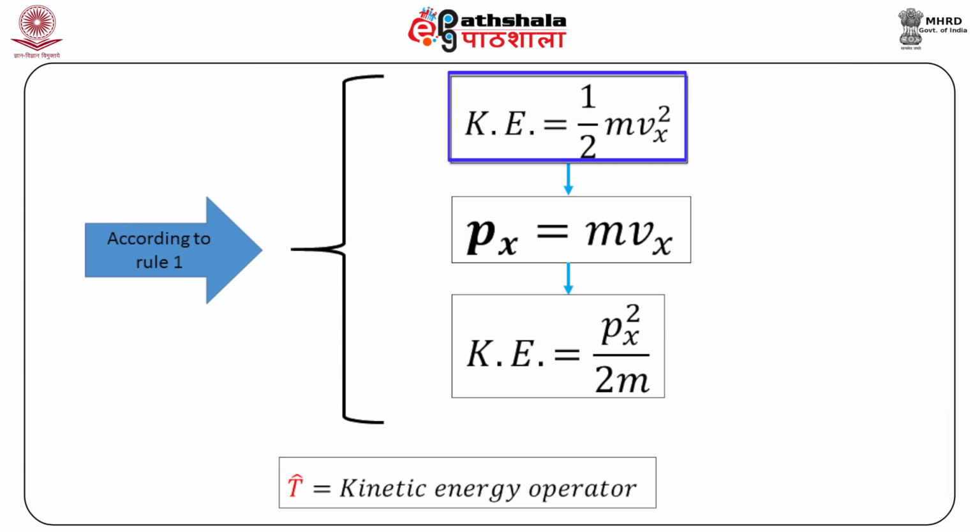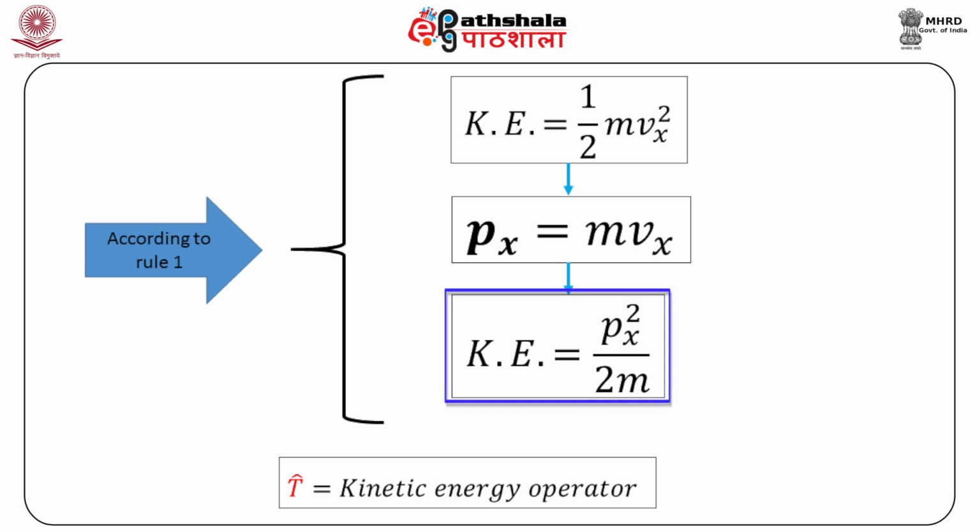The classical expression would be half m vx square, where vx is the velocity along the x direction. Now this expression can also be written in terms of linear momentum, and kinetic energy becomes equal to px square by 2m. So this is the classical expression.